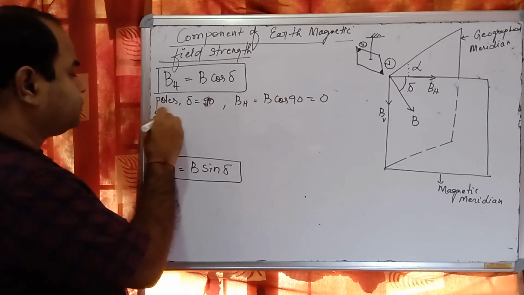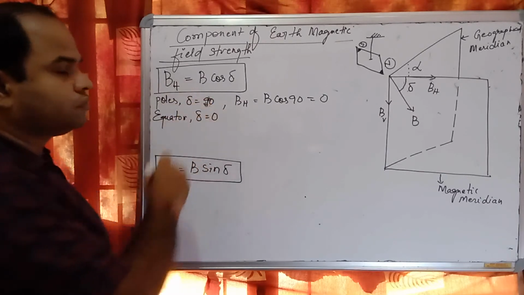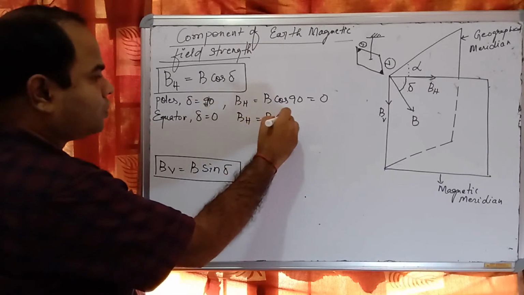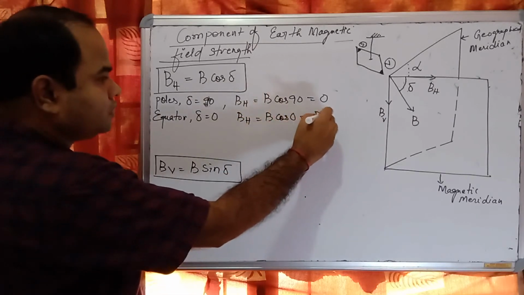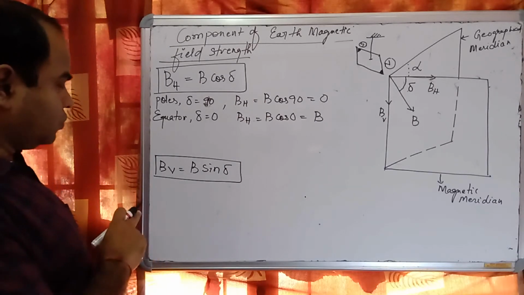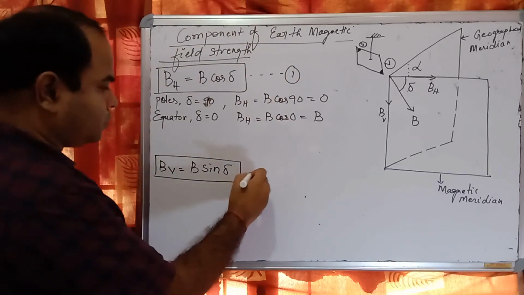At the equator, delta is 0, so BH is B cos 0, that is B. Okay. So let us say this is equation 1 and this is equation 2.